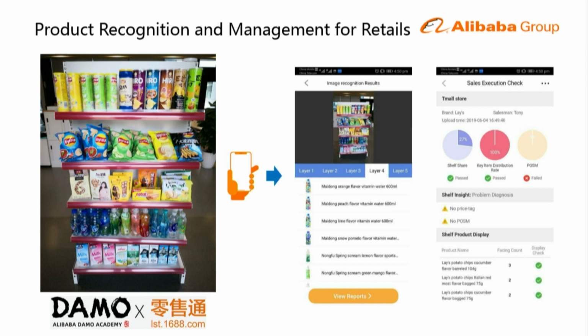Furthermore, we can do analysis for a particular brand. For example, the right figure gives the example for the brand Lay's. The shelf share is 27%. We also do face counting in the display facing of particular SKUs.